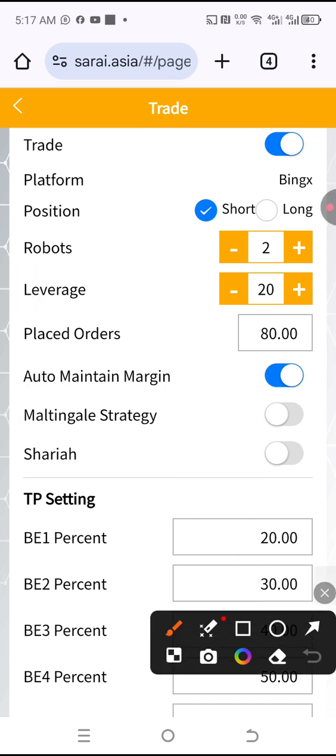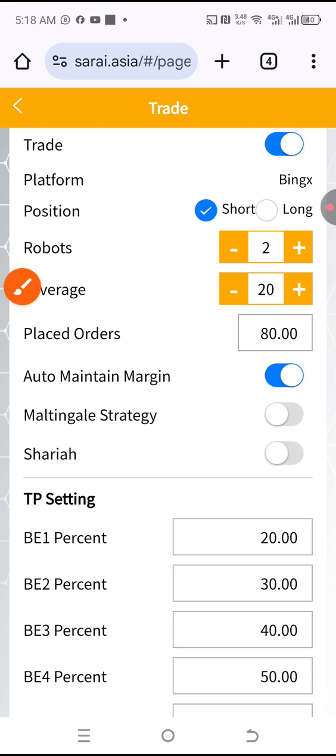So here, if you put on this Martingale, the system will automatically keep buying 2x of what you have when it feels there is an opposite direction. I have not put it on because probably I might not be interested, but it's an awesome thing for you to use.